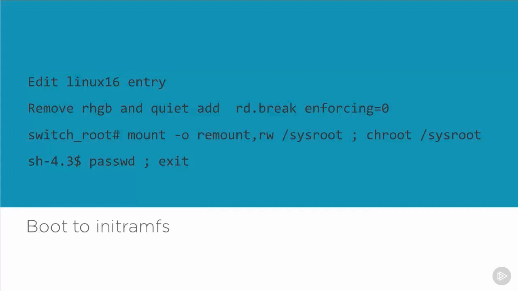From here we can set our password, and we exit back to the switch_root environment. From here we reset the /sysroot directory to be read-only. This is to protect the root file system, and then we can continue with our boot process. So we just type exit and that will continue with the boot process.